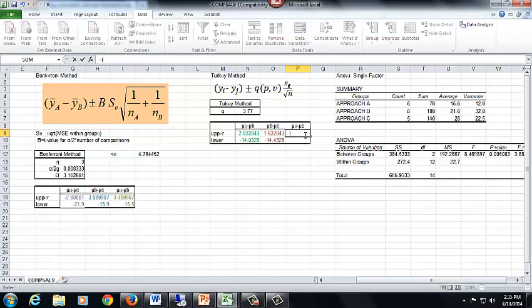Okay, and then I want to do A minus C, so average in A minus average in C, plus this times your standard error divided by the square root of 5 here. Okay, and copy this.